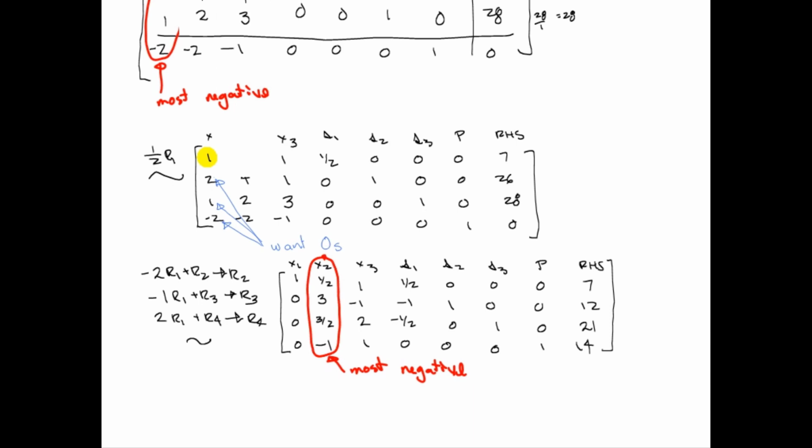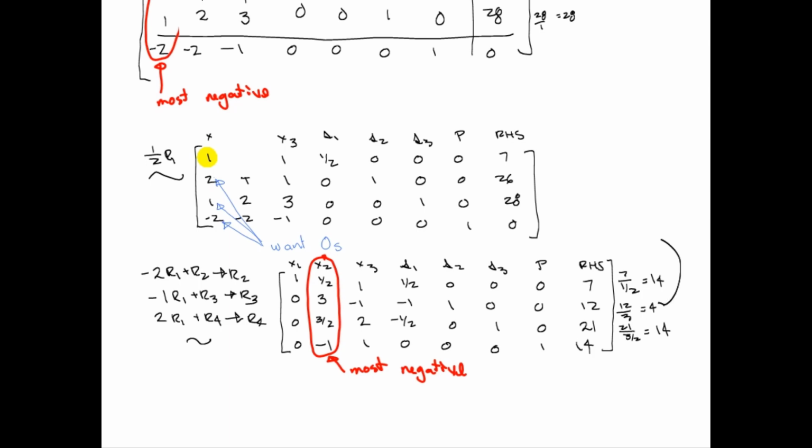Now we go to the right-hand side and calculate quotients. 7 over 1/2 gives me 14. 12 over 3 gives me 4. 21 over 3/2 gives me 14.